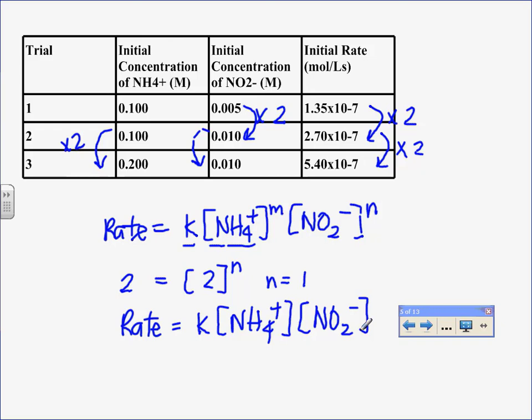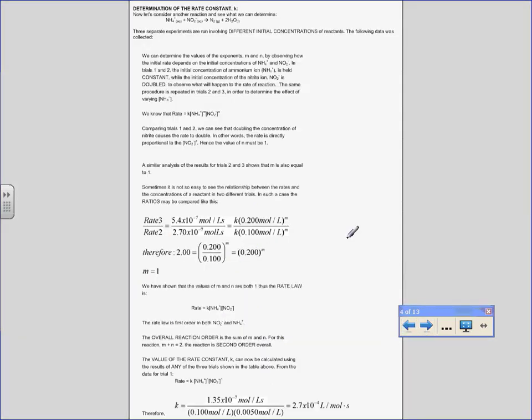Now, what we can also do is determine what the rate constant is. Okay, so if we look back to here, if we want to determine what the rate constant is, we've got the rate law, we know what the exponents are, and we've got an equation. So if we want to figure out what the constant k is for this particular reaction, what we need to do is take one of our sets of data.